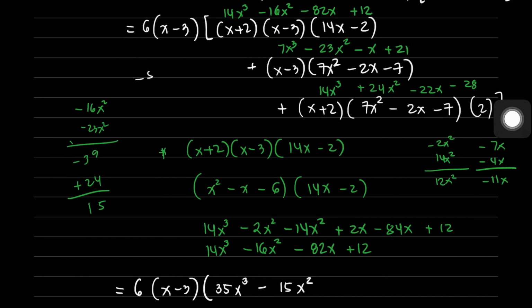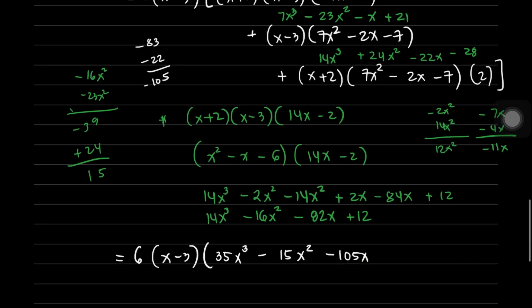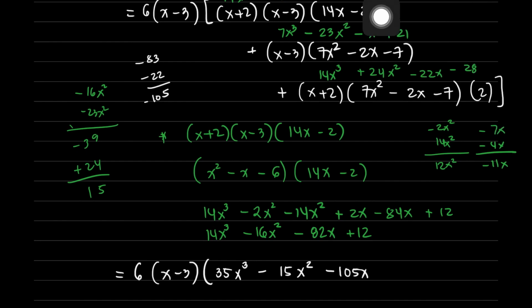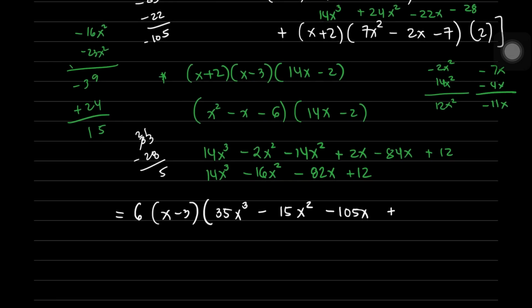So negative 83 minus 22, that is negative 105x. And for the constant, we have 12 plus 21, that will give us 33 minus 28, so this will be equal to 5. Right? So that is positive 5.